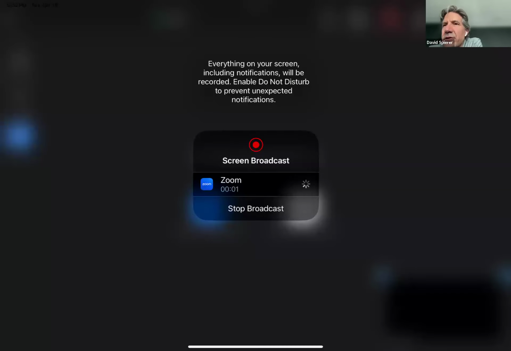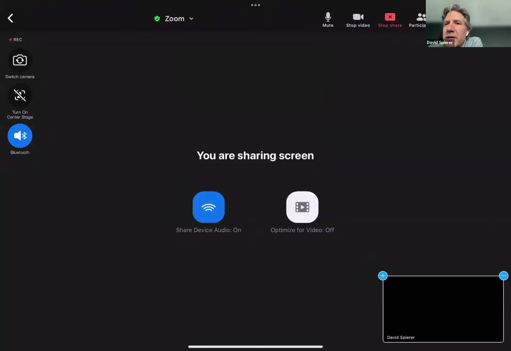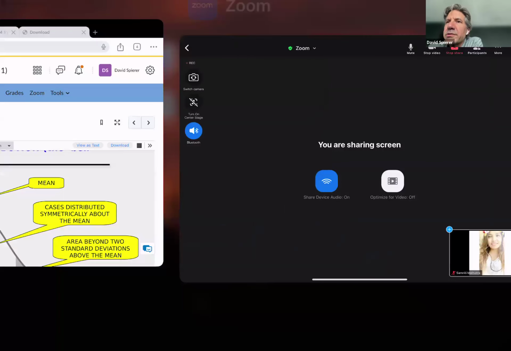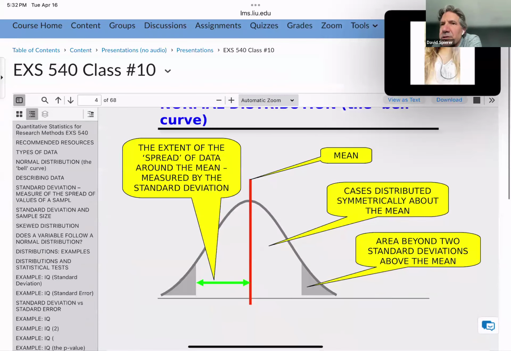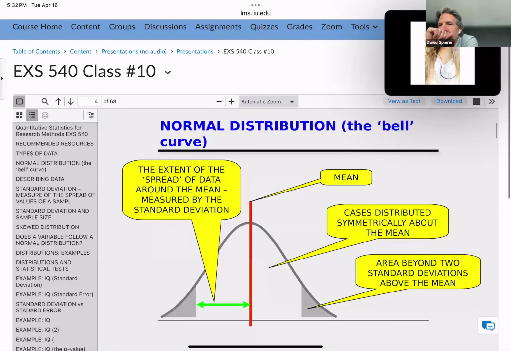Now for those of you, like I said, this may be somewhat of a review, but I do think it is important to talk about this. So this is what it really looks like. The normal distribution, as we discussed. Here's that mean value, that average value, and then this is the spread of the data. What this bell curve really represents is where the data falls on these axes.